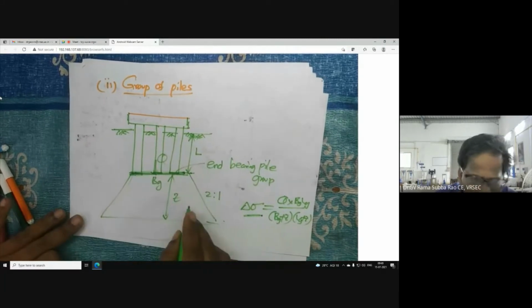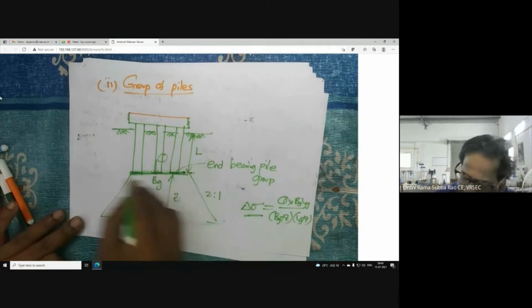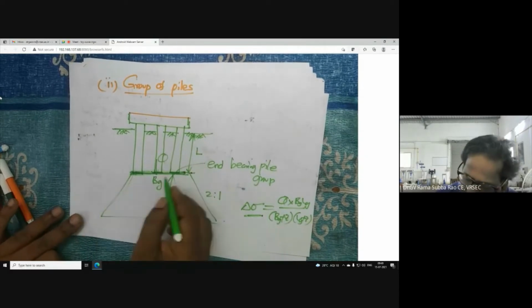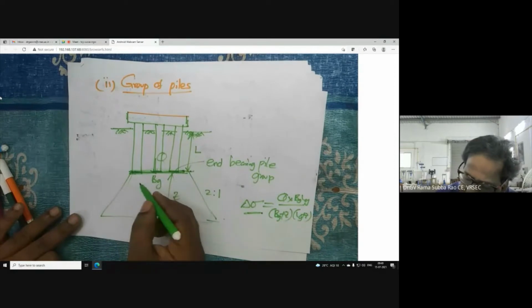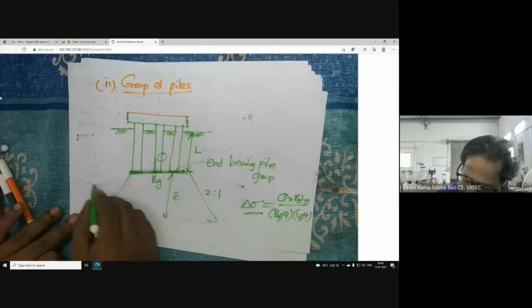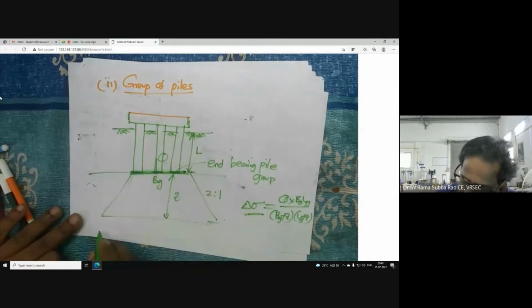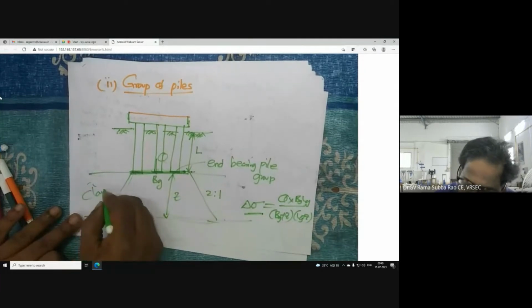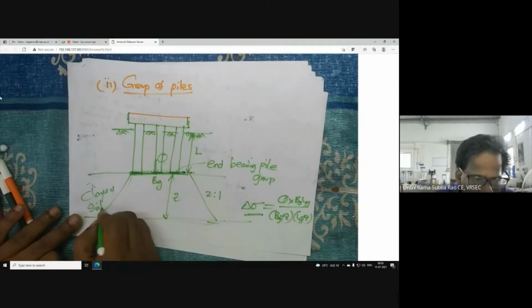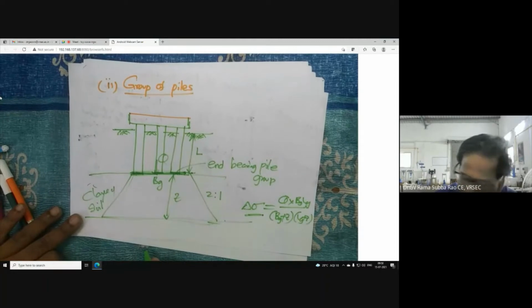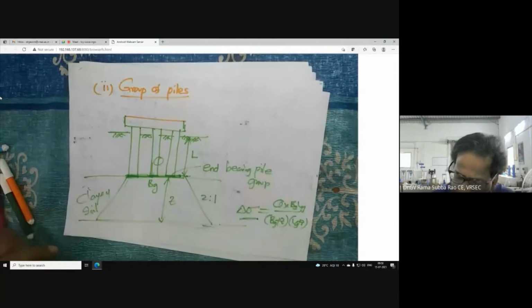Here I have the pile group, and beneath the pile group I have a clay soil. So how to compute settlement in case of clay soil?